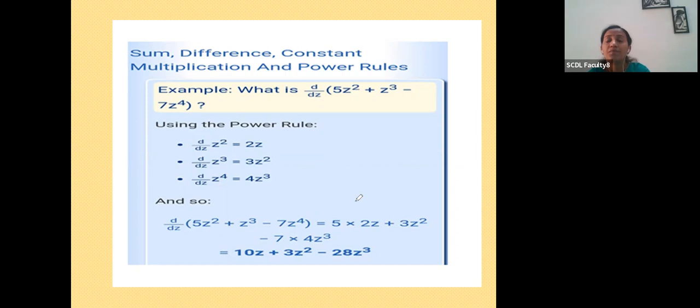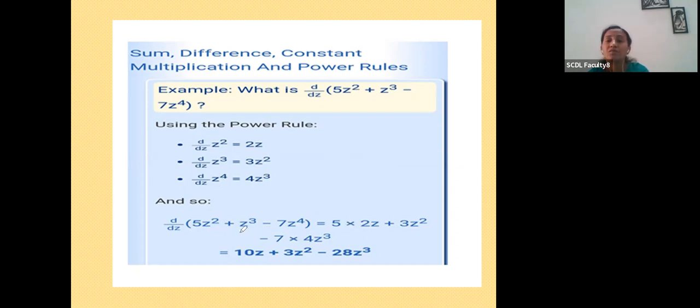Now here 5 into, instead of z squared, we know by using the power rule we get the answer 2z. So 5 multiplied by 2z.